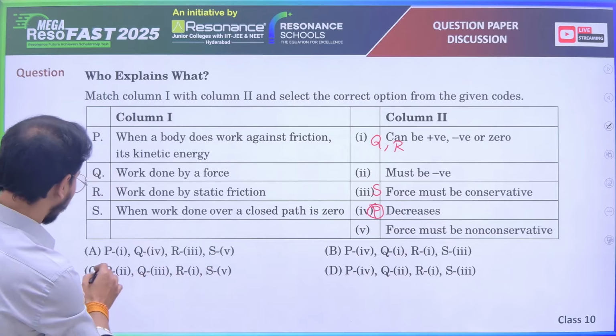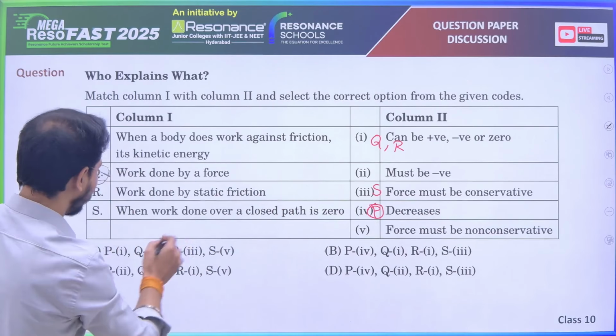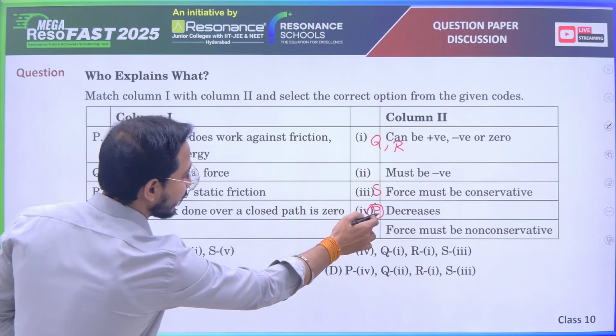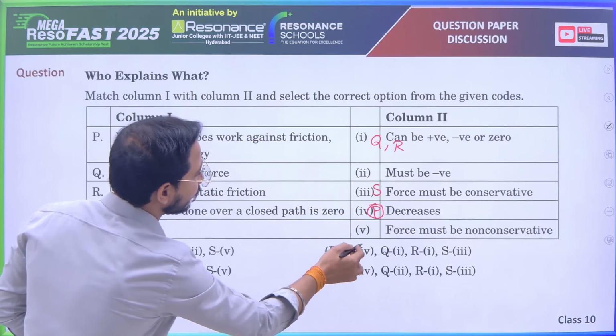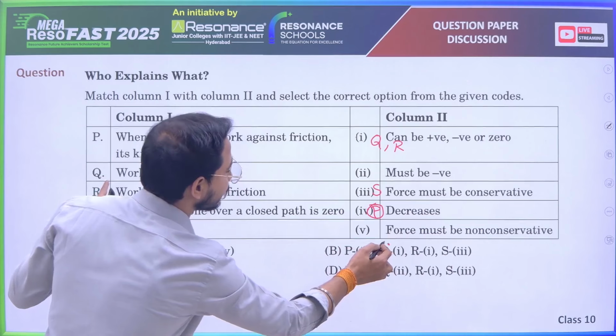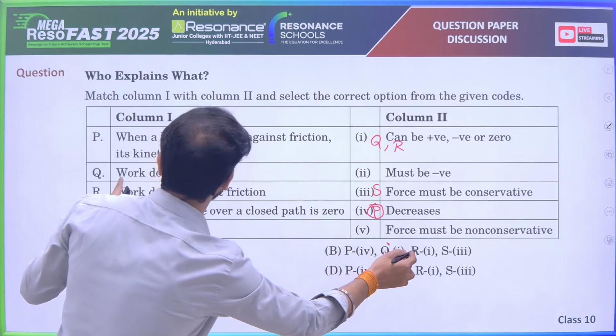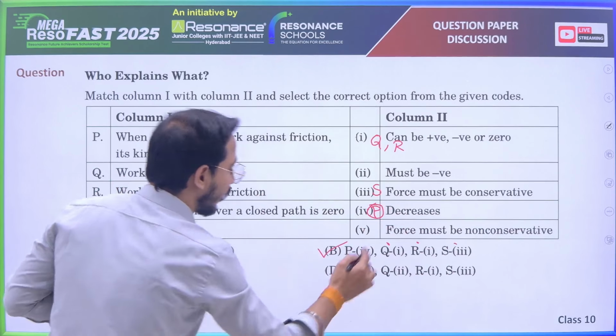A is representing P first? No, P is at fourth. Now next Q. Q is at first, right? Next R. R is at first. Next S. S is at third. Okay, option B.